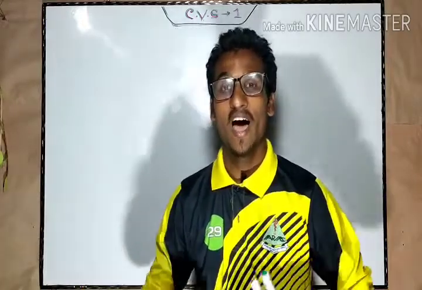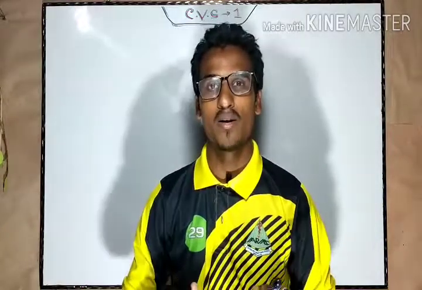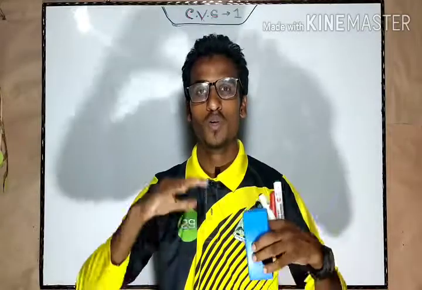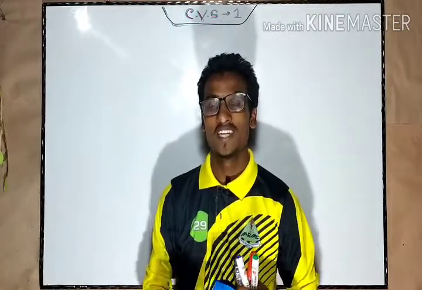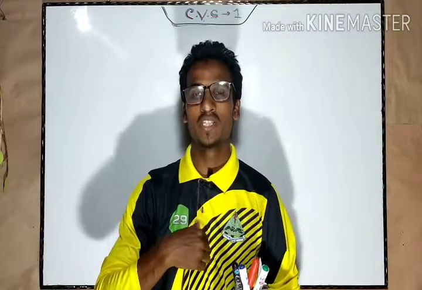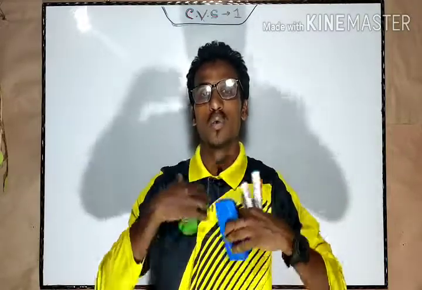Today's discussion is basically on the cardiovascular system 1, the anatomical structure of the heart and the blood flow through the heart. Firstly, the heart is a hollow muscular organ situated in the middle mediastinum of our thoracic cavity.